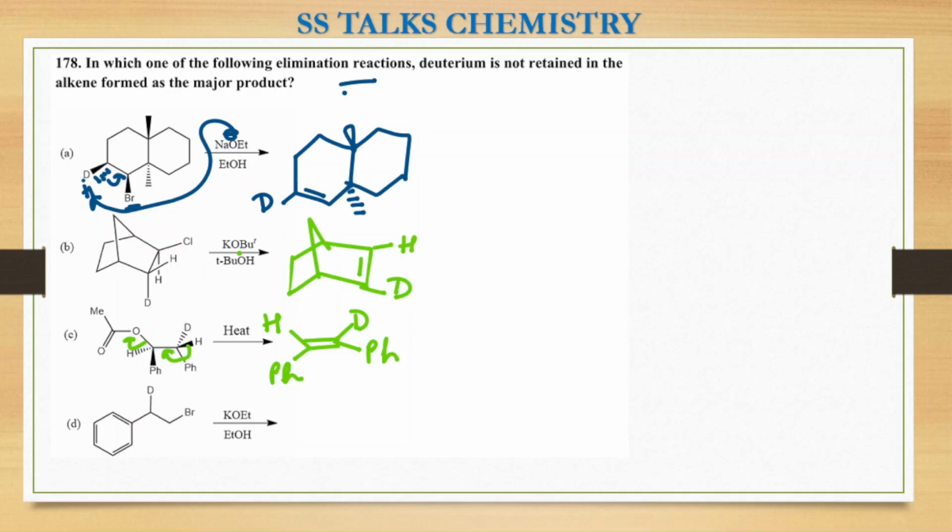Whereas in molecule D, if you see, taking it into this conformation, that is the E conformation, this deuterium atom will be abstracted, this electron density will be shifted, and the Br group is going to leave. That means you will get this type of alkene species. In this type of product, the deuterium is not retained in option D. Okay, so D will be the correct answer to this particular question.